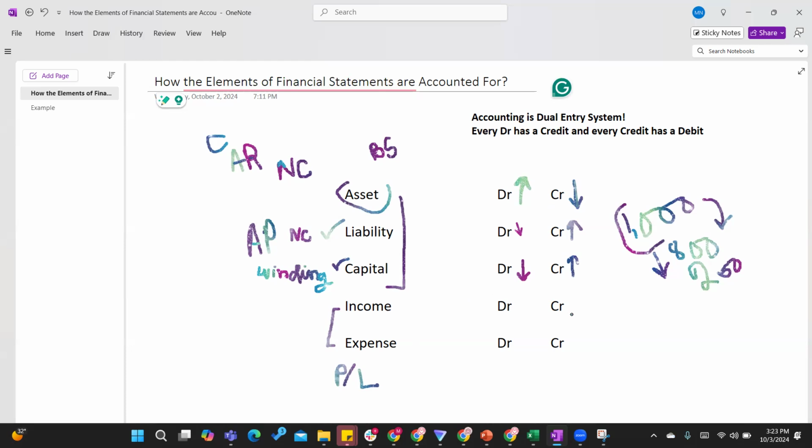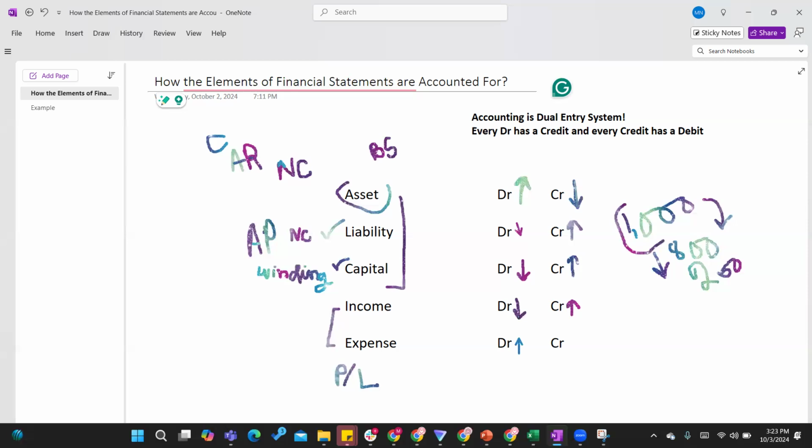So the money that we receive by selling the main product that the business is creating, we are going to credit it because income is increasing. And whenever there is any sales return, it's going to reduce the income, so we will debit it. For expenses, whenever they increase, I'm going to debit them, because expenses are a total opposite of income. So the treatment of the expense will be opposite to the income as well.